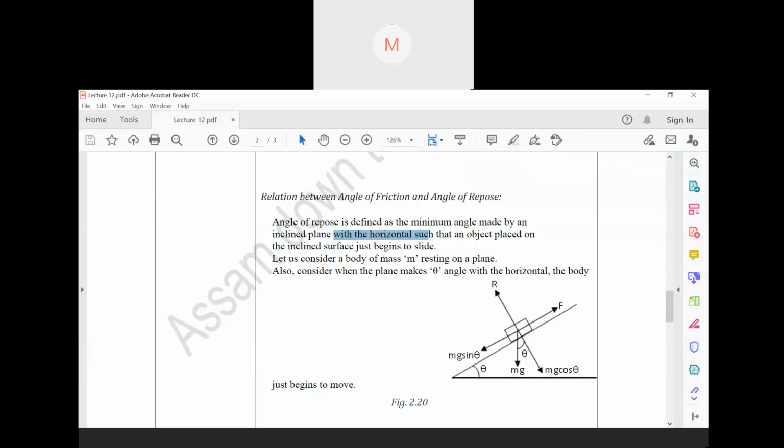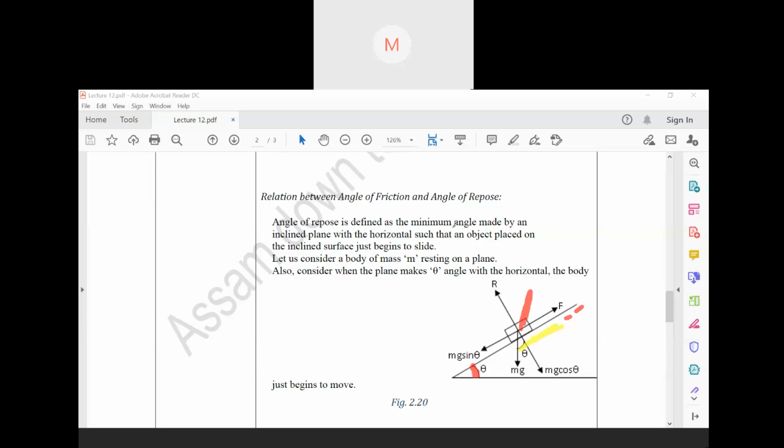Suppose this is the plank and this is the small log of wood. It is being inclined at an angle of theta, right? Yes or no?